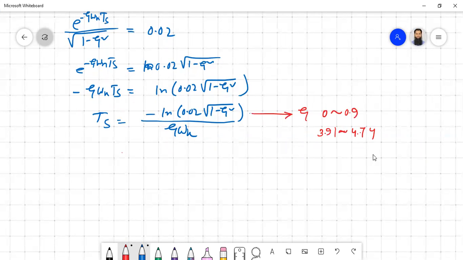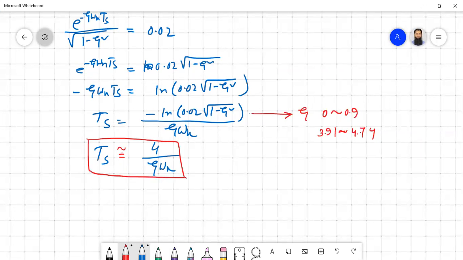The most commonly used value is 4. So ts is 4 by zeta omega n. Without memorizing that complicated formula, this is the simplified version. This is your formula for the settling time, 4 by zeta omega n, and this is how to calculate the settling time without making things too complicated.